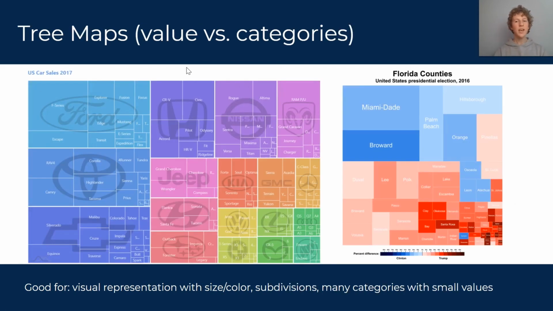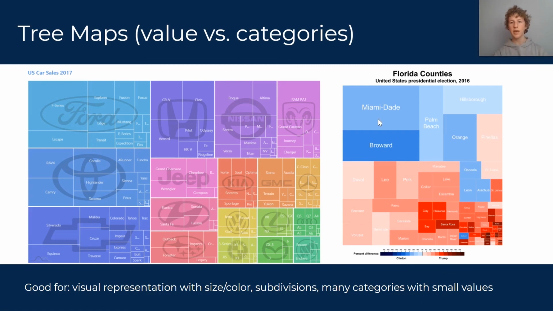And then finally, we have tree maps, which are kind of like these boxes or rectangles made of lots of mini rectangles, and so these are good for values versus categories. So on the left here, the categories are first car brands, and then inside those car brands, it's the models of the car and how many sales they have.